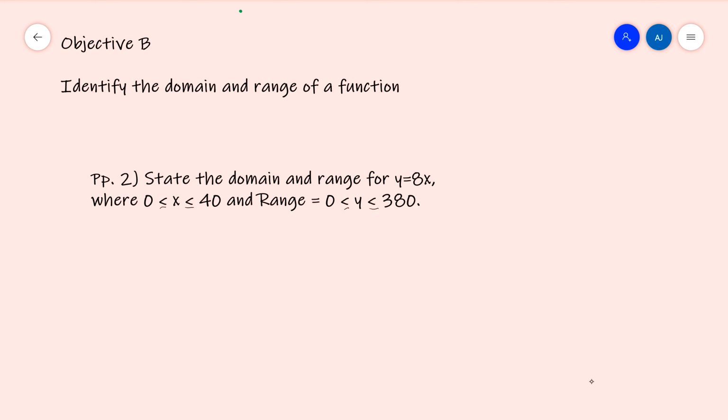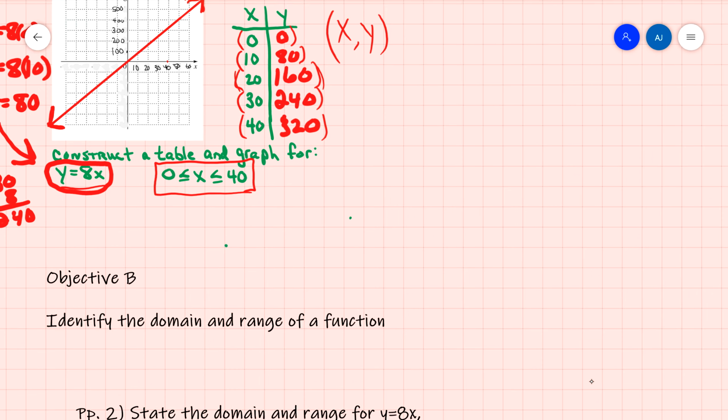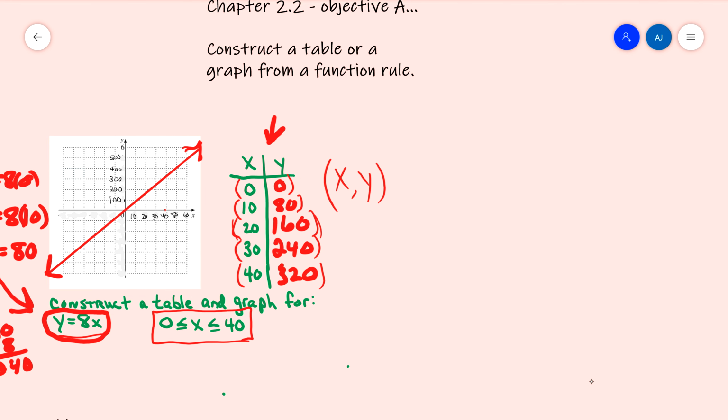And the range now is a little bit different because the highest the range will go is up to 320. As you remember, we plotted that. So let's dial back to this. I'm looking for the domain and range of this function. Now notice, this was our data points, our ordered pairs that we plotted and drew a line through.